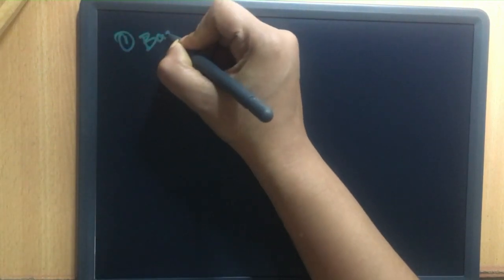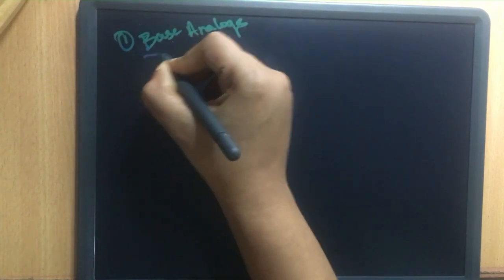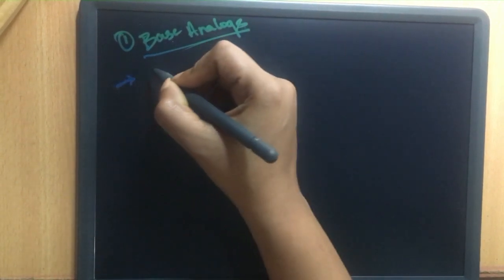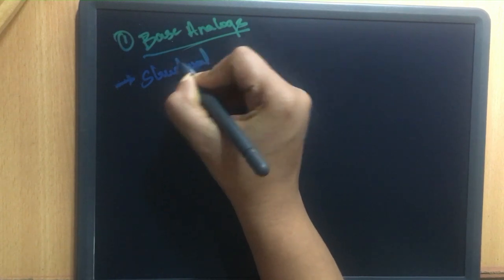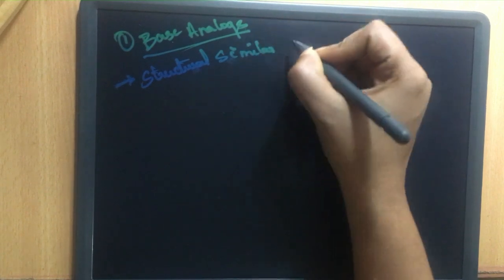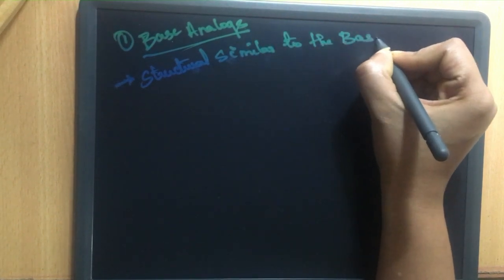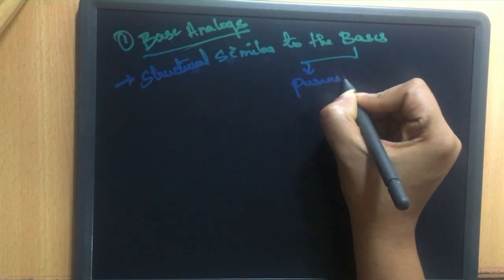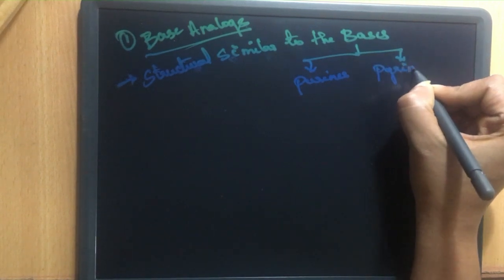So, base analogues. Now what do you mean by base analogues? Base analogues are those substances that are structurally similar to the bases, like purines or pyrimidines.